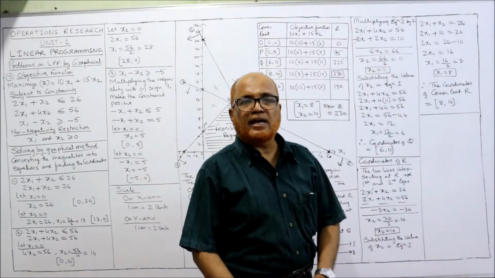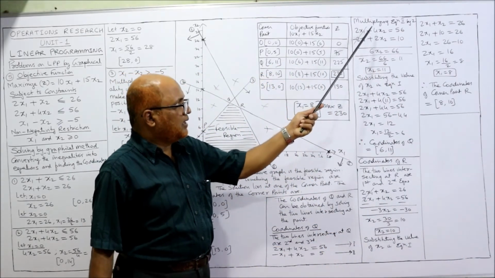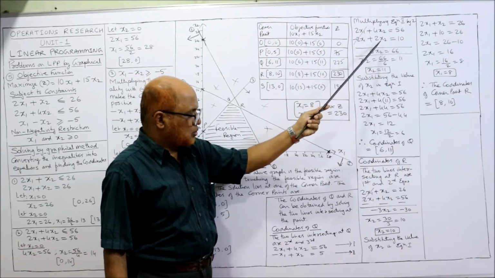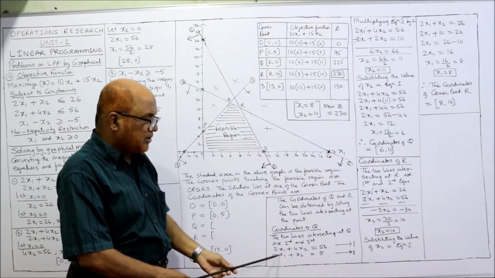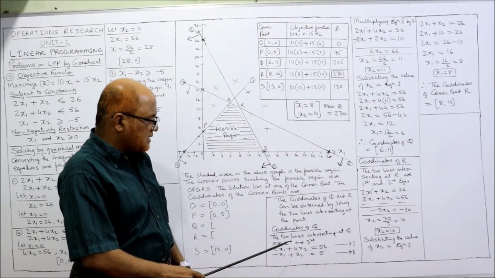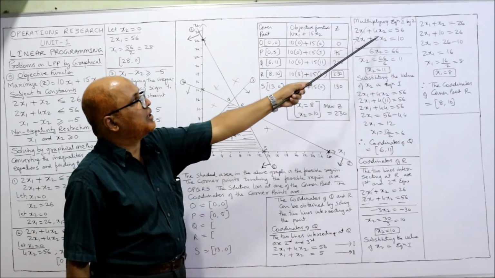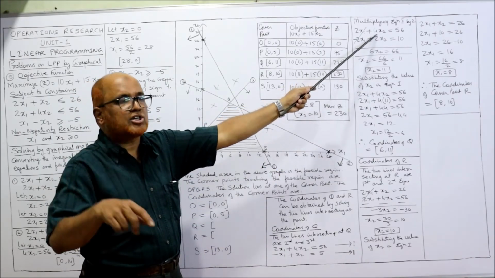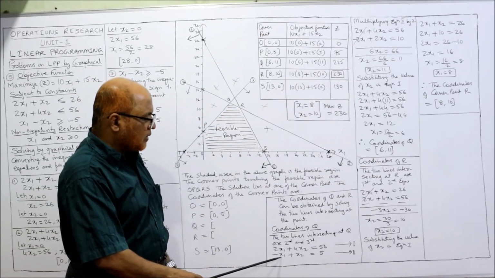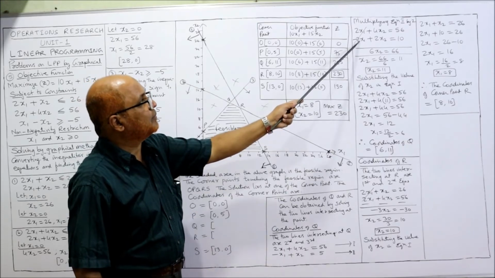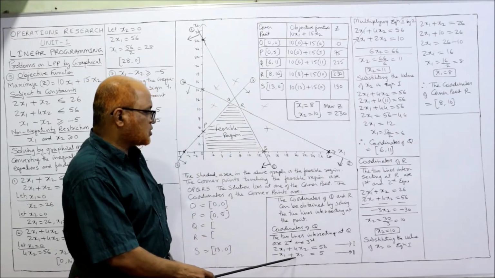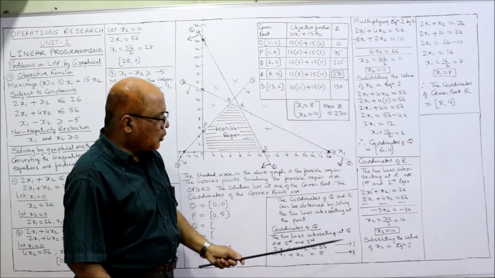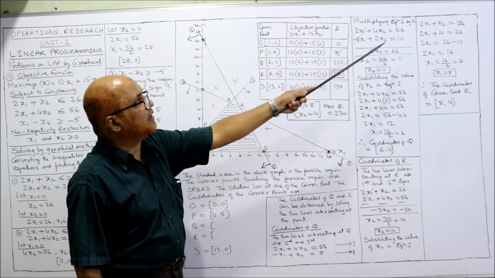So the first equation as it is, 2x1 plus 4x2 is equal to 56. Second equation multiplied: 2 into minus x1 is minus 2x1, then 2 into x2 is 2x2, 2 into 5 is 10.